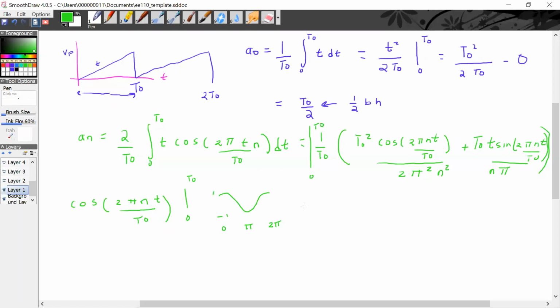So we're going to have cosine 2 pi n times the period divided by the period, minus cosine 0, which is always 1.